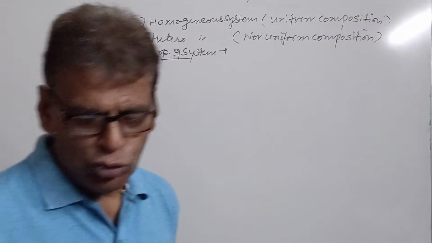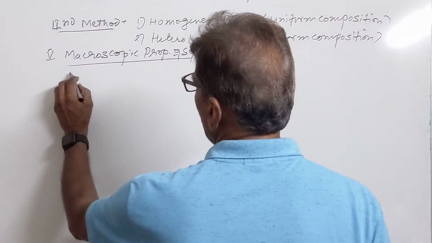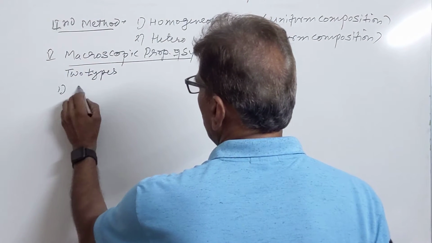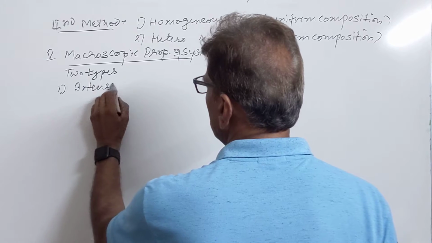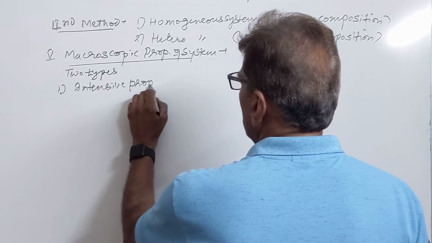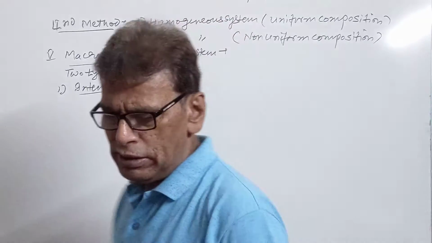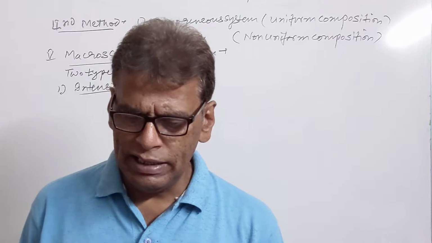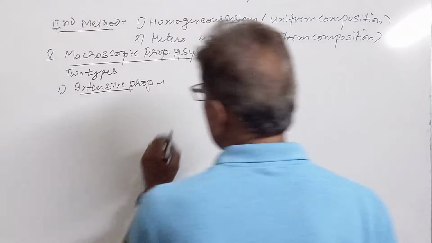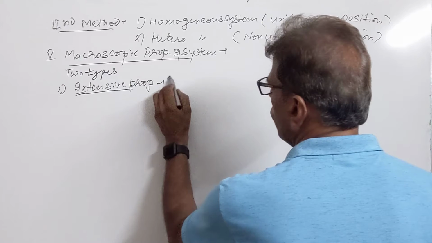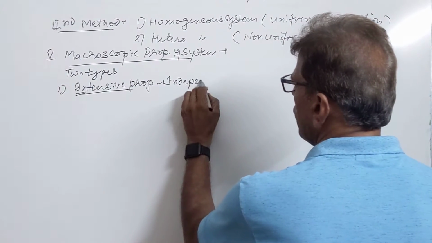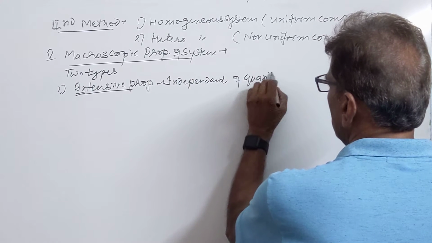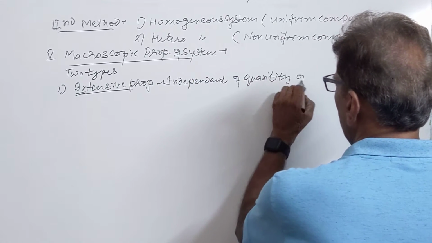Then we have macroscopic properties. They are of two types. Number one is intensive properties. Intensive macroscopic properties are those properties which do not depend upon the quantity of matter contained in the system. So these are the properties that are independent. The IN is here, you learn it, independent of the quantity of matter. Whatever might be the quantity, they do not depend upon that.